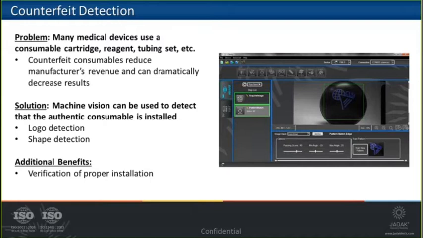A lot of times they'll have their logo on that, where a counterfeiter will replicate the device, but they may stop short of replicating the company's logo, which can bring a lot of different trademark infringements and different kinds of legal ramifications down. So in this case, we can detect that logo to make sure it's there and that it's the right logo.